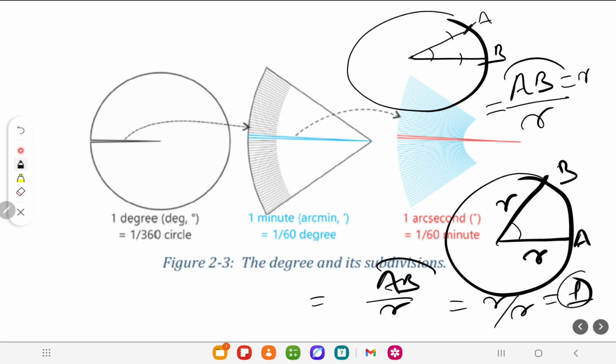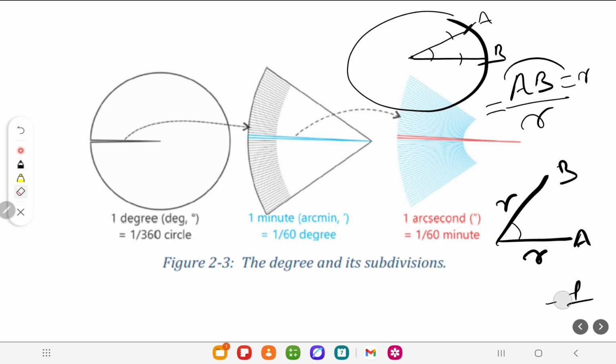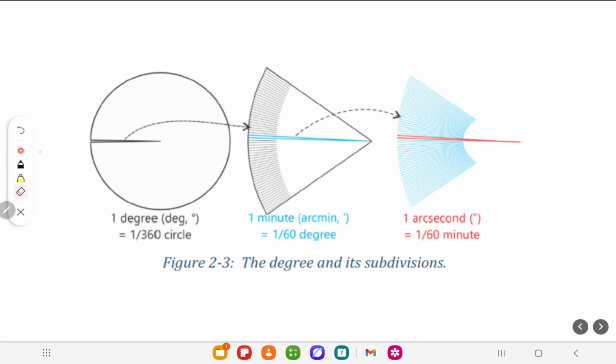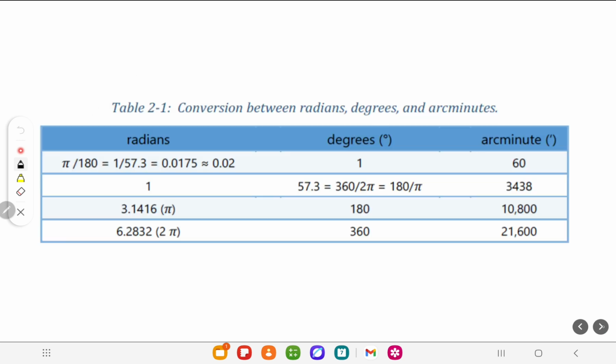That's how we get 1 radian. I'm not talking about 1 degree. So that's how we talk about 1 radian. It's very simple. You must understand what you mean by 1 radian, and what you mean by 1 degree, and how these things form.